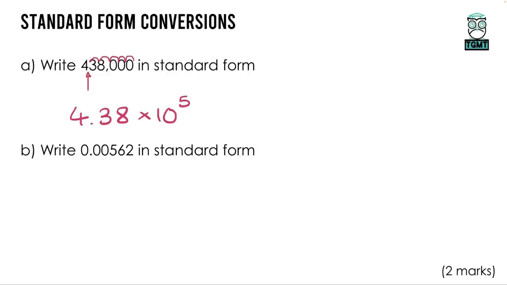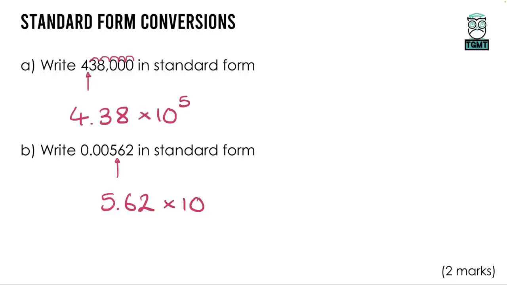When we are looking the other way, so this 0 point number, 0.00562, it's pretty much exactly the same process. We need to put the decimal so it's between 1 and 10. So just here would make it 5.62. However, this time, when we say how many times we have to multiply it by 10, clearly if we start multiplying 5.62 by 10, that's going to make it a larger number.